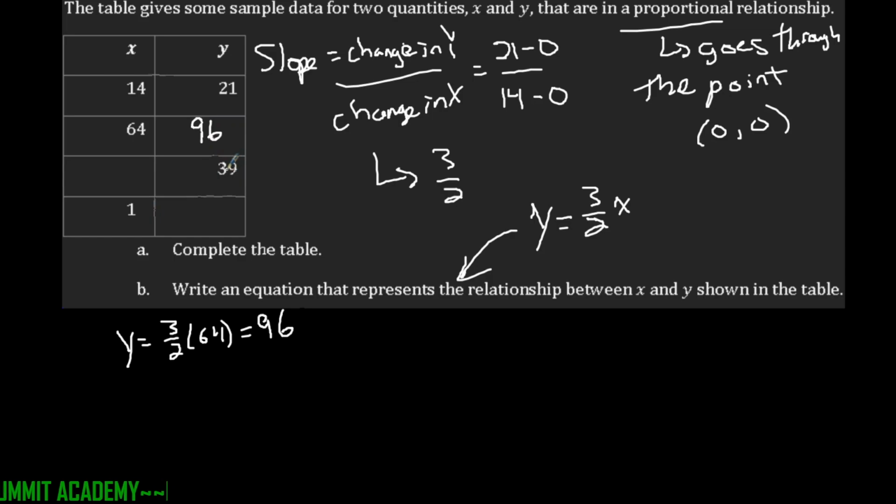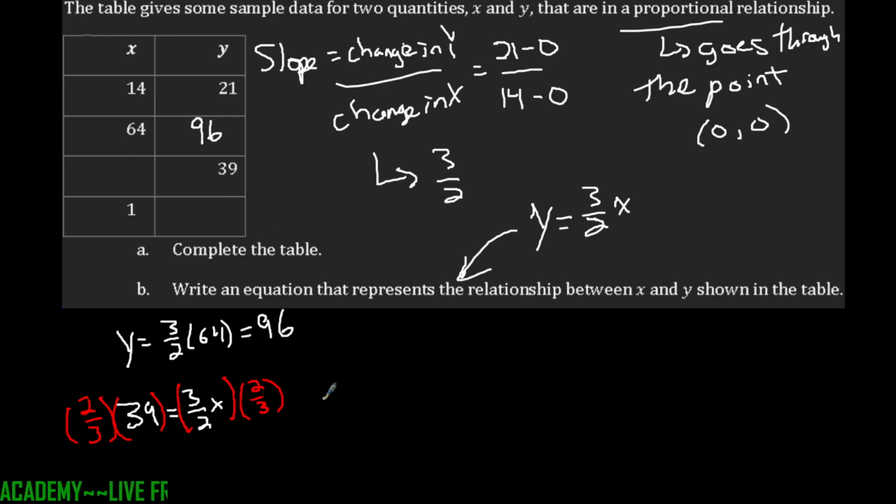Then for the next one, I now have the y value. So instead, I'm going to write 39 equals 3 over 2 times x. Now I just have to solve for x. So I can use those inverse operations. I'm going to multiply both sides by the reciprocal, 2 over 3, to get my value by itself.